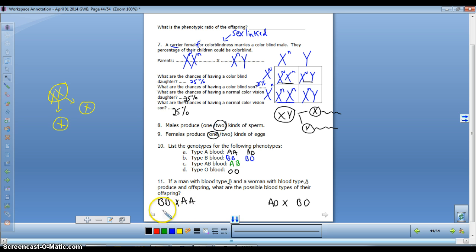And then the other combinations would be BO and AA, and AO and BB. Possible genotypes of any of these. So the answer to number 11, the possible blood types are A, B, AB, or O. Those are the possible phenotypes of this cross.